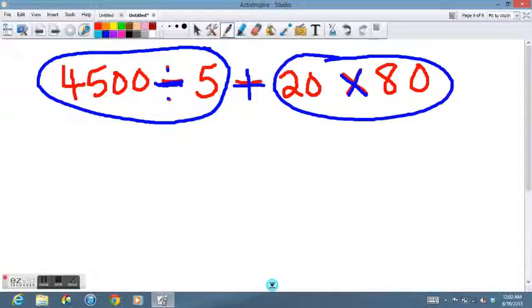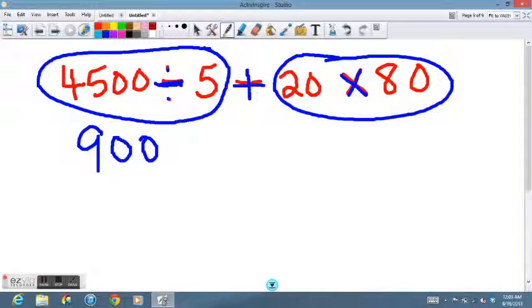4,500 divided by 5. Well, remember now, to get that answer, I'm asking myself what number times 5 will give me 4,500. Well, I know there's going to have to be a 9 there, because 9 times 5 is 45. And I'm going to have 2 zeros, because 900 times 5 will be 45 with 2 zeros, which is 4,500.